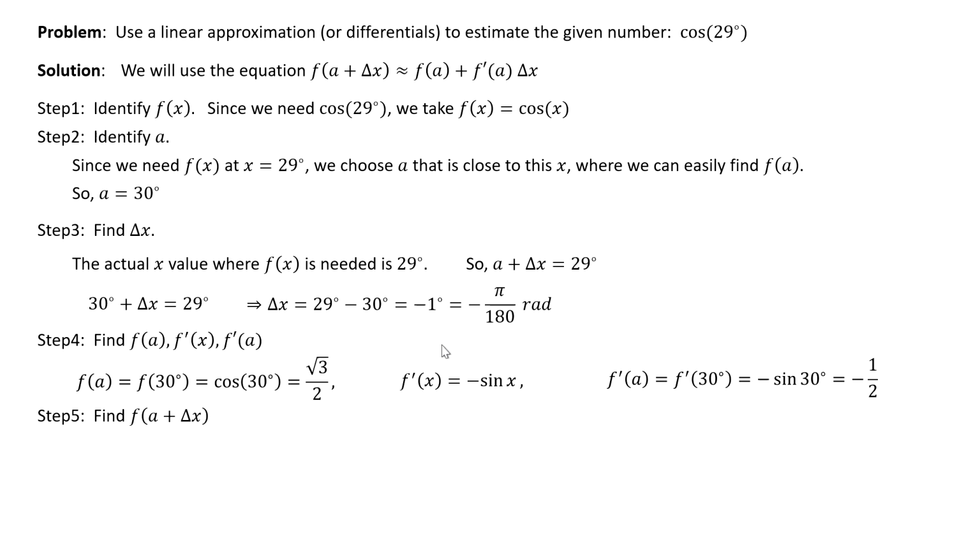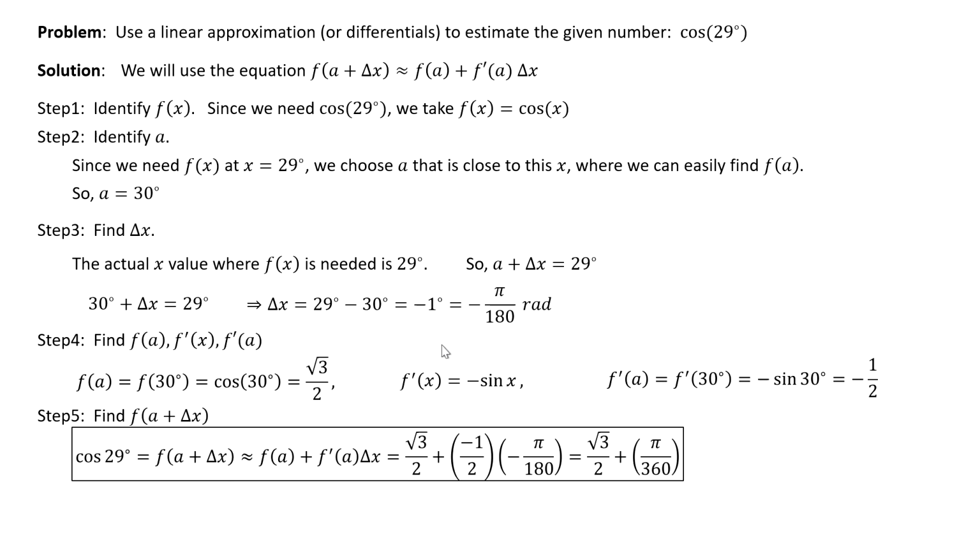We have a negative sine pi over 6, so negative 1/2. And as before, now plug in: f of a is square root of 3 over 2 plus f prime, negative 1/2, times delta x, which is negative pi over 180, and you got this.